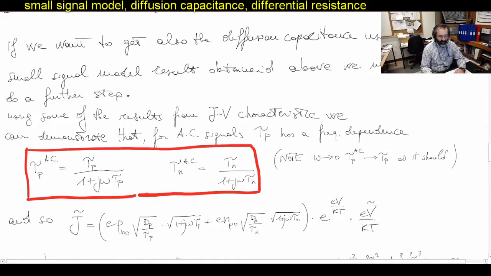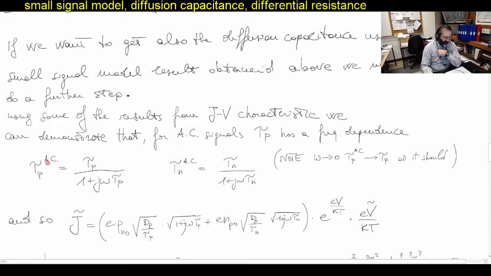The general frequency function is tau p, the one that we have also seen some time ago in semiconductors in general, divided by 1 plus j omega tau p.